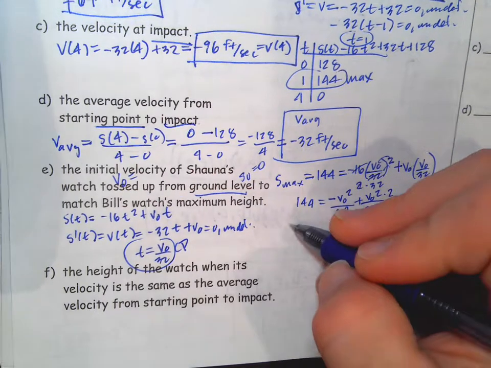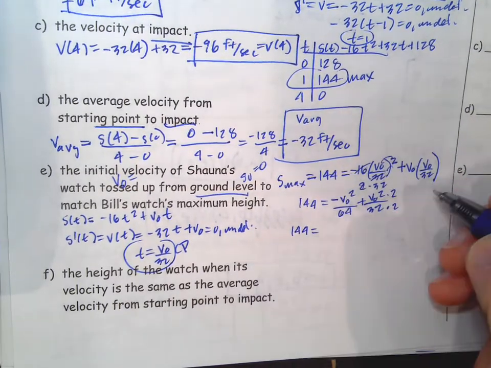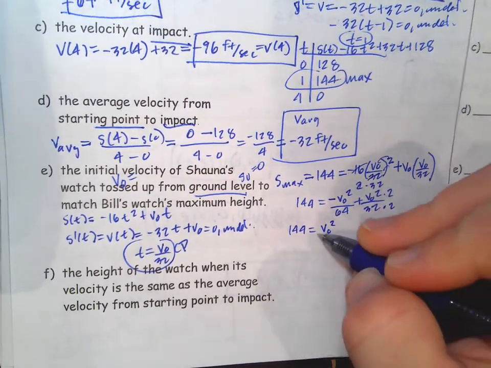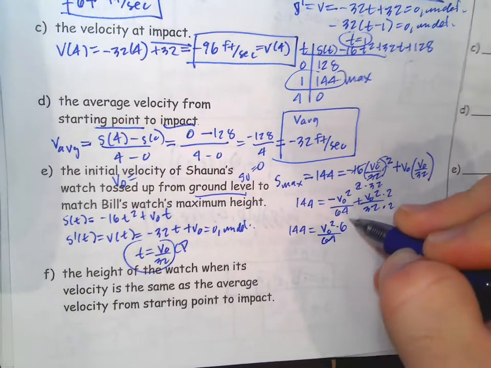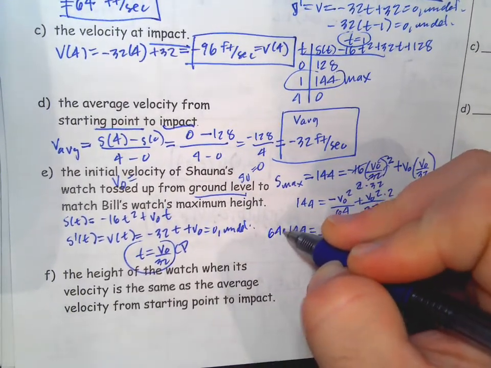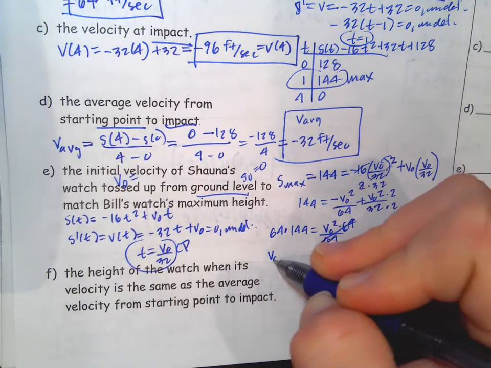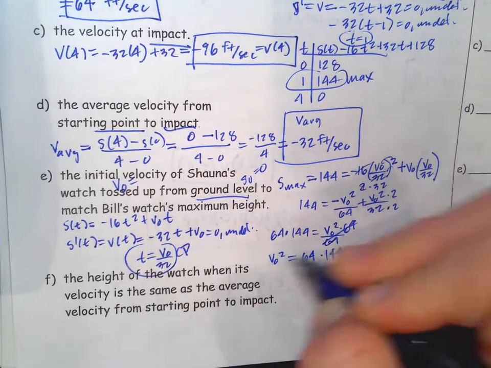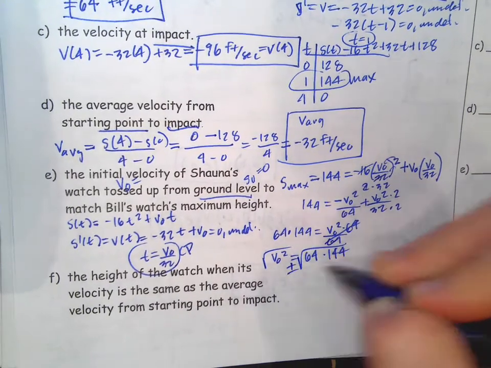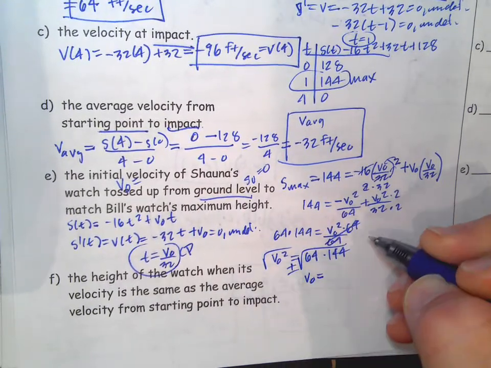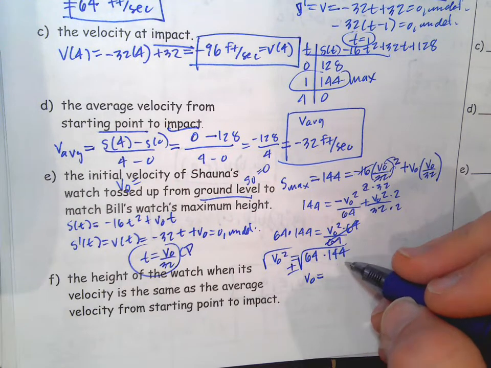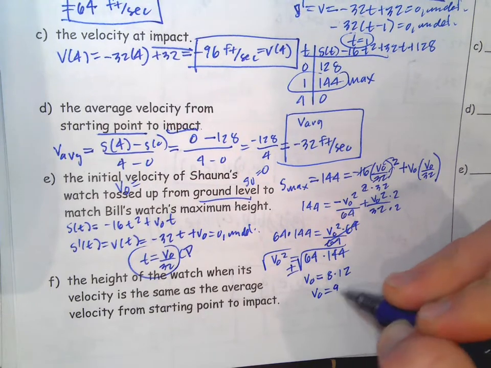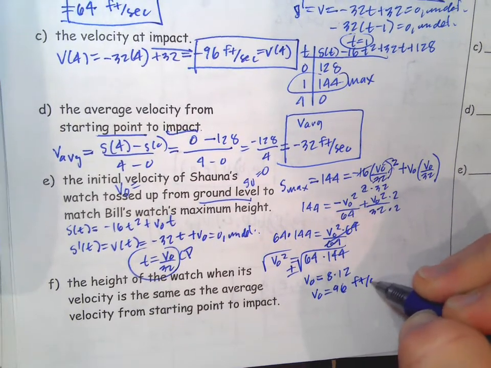And then we get 144 equals positive v naught squared over 64. So we're going to multiply both sides by 64, which I'm going to leave like that. And then we got to take the square root of both sides. Plus or minus. V naught equals, it's got to be positive because it's going to be thrown upward. It's going to be 8 times 12. V naught equals 96. The units are feet per second.